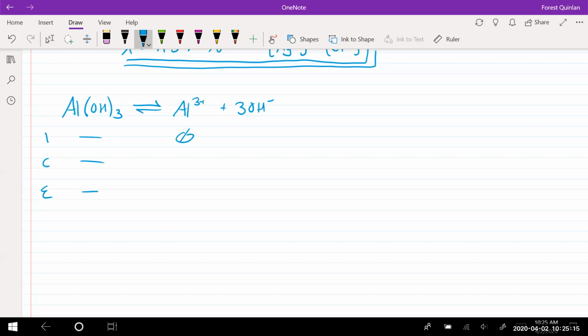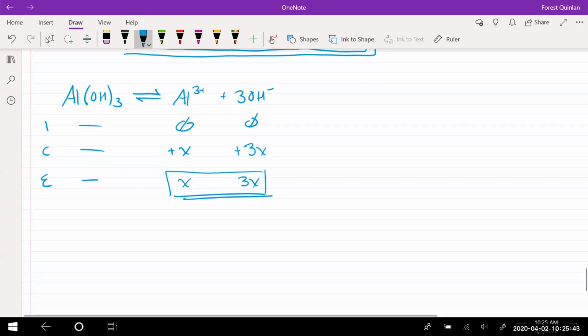If we set up our ice table like we normally would, what does our aluminum go up by? It goes up by X. And Tanaris, what does OH do? It goes up by 3X. That's right. So at the end, we have X and 3X, okay? That's what we're looking at.